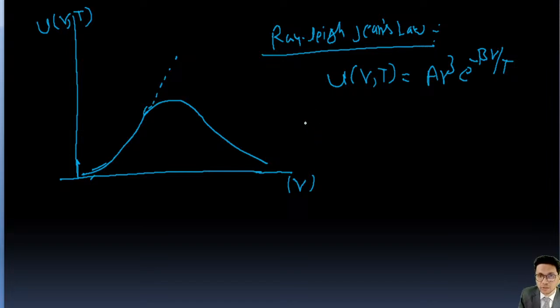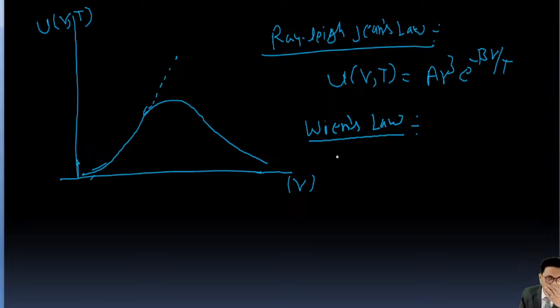And then there is Wien's energy density distribution, that is Wien's law. Wien's law is able to explain only the right part of the curve.